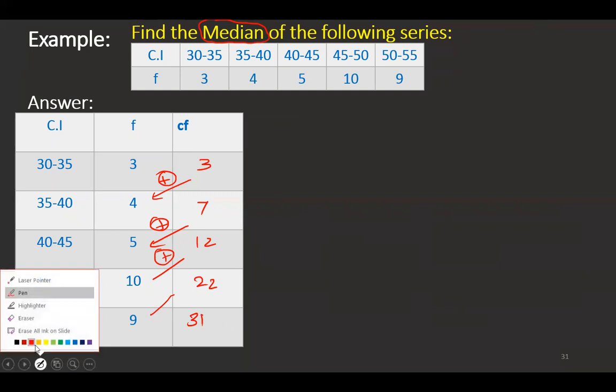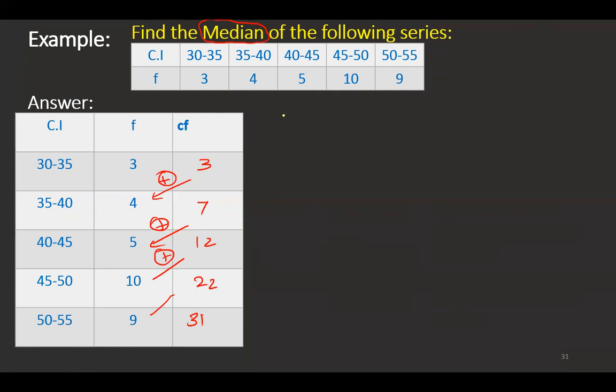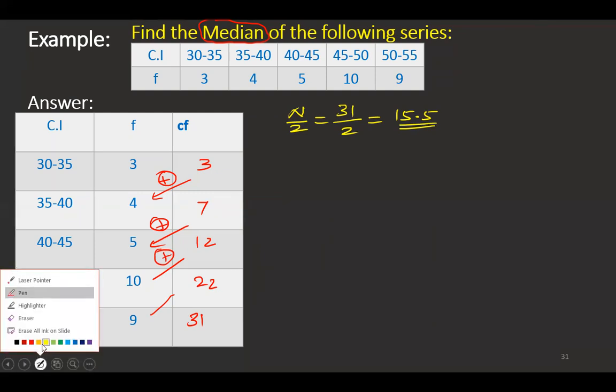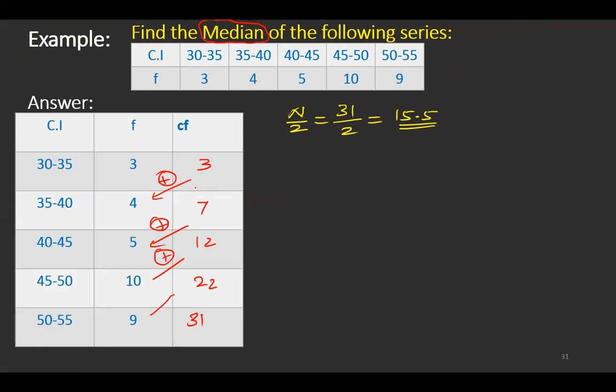Next step is to find out what is called n by 2. It is not n plus 1 by 2. We have to calculate n by 2. N is equal to 31 divided by 2. Now 15.5. Now this particular 15.5 I should find out in this cumulative frequency column. Okay, that's what is important here. So I'm going to find out here in cumulative frequency whether 15.5 is here.